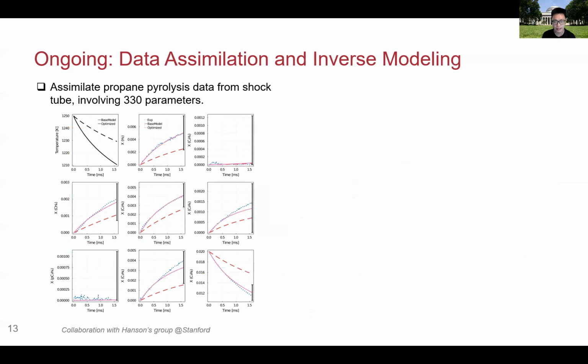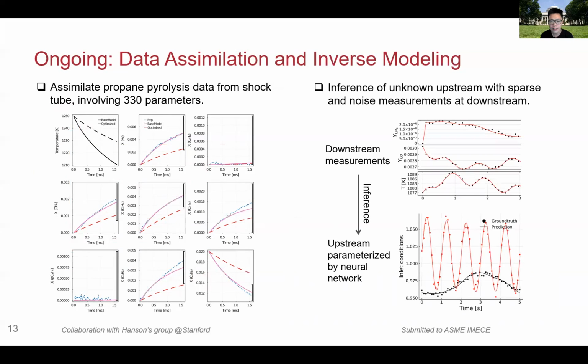Here we simulate the propane pyrolysis data from a shock tube. By optimizing more than 300 parameters, we can infer the species profile shown in the solid lines, which has much better agreement with the experimental data compared to the baseline model.